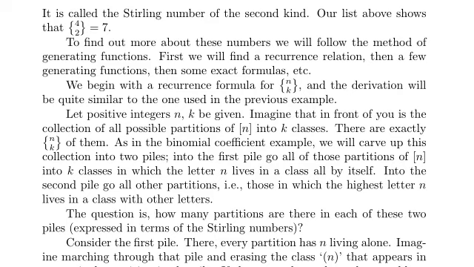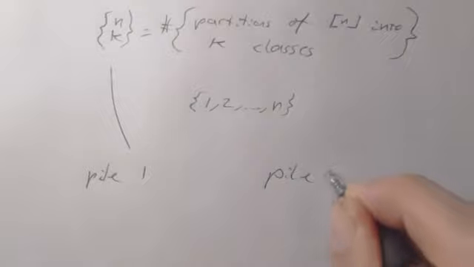Into the first pile go all of those partitions of [n] into k classes in which the letter n lives in a class all by itself. And into the second pile will go all other partitions, i.e. those in which the highest letter n lives in a class with other letters. So split this into two piles, pile 1, pile 2.